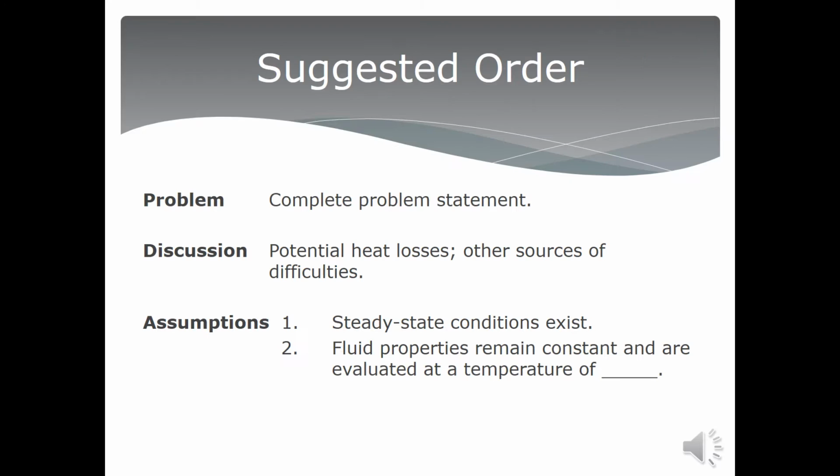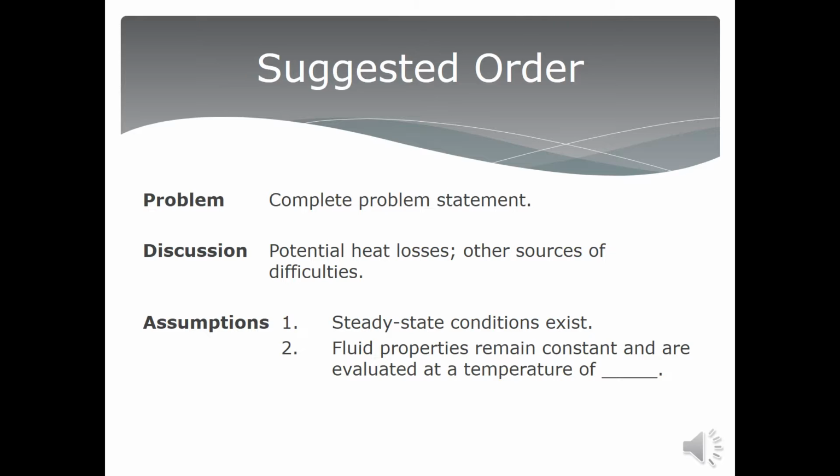Now we will go over the suggested order of calculations for analysis of cross-flow heat exchangers. First, you need the complete problem statement, followed by potential heat losses or other sources of difficulties. Then you need two assumptions.